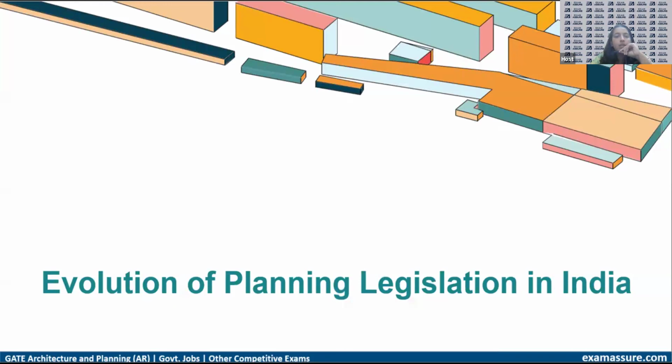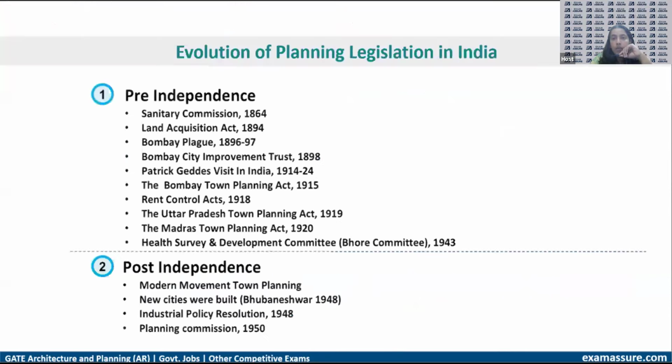Okay. Now coming to the last part, that is your evolution of planning legislation in India. So primarily from the exam perspective, it is more of the pre-independence evolution that is asked many times. If we see pre-independence, we had the Sanitary Commission and the Land Acquisition Act of 1894, which went on till 2013.